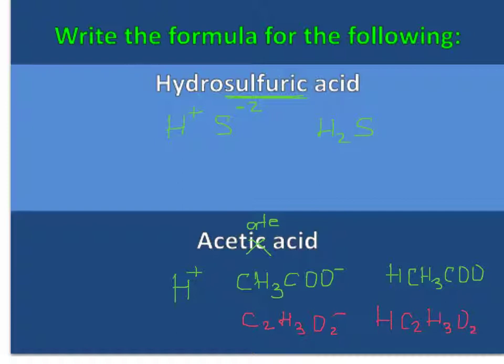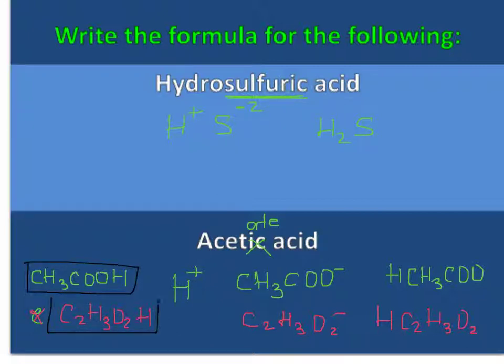So you see it this way. You may even see it written with the hydrogen last in this case: CH3COOH, or C2H3O2H. So these are different ways that you may see it written, and I just bordered them in black so you know that these are the different ways you may see this one written.